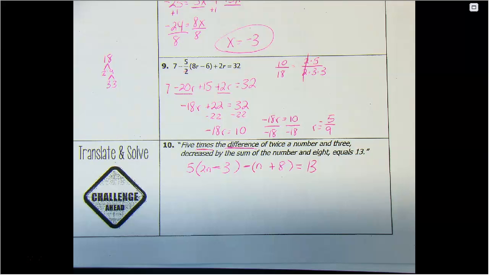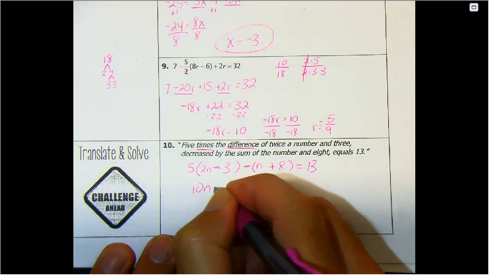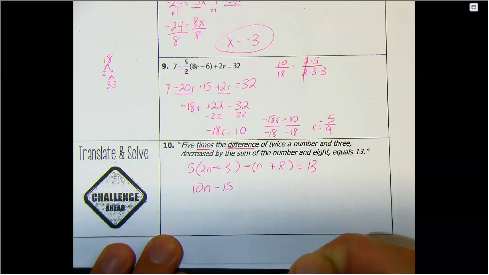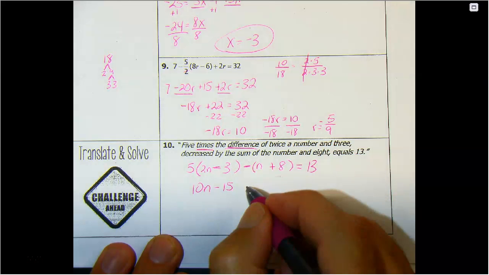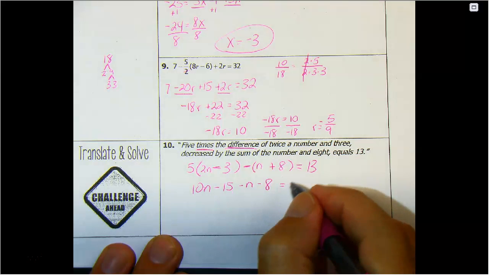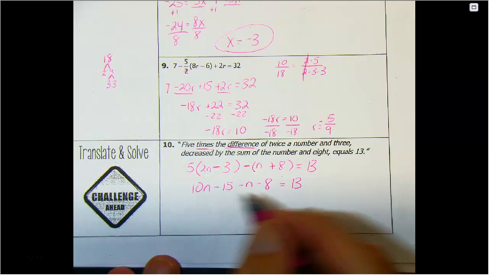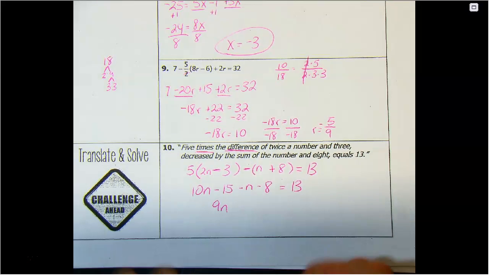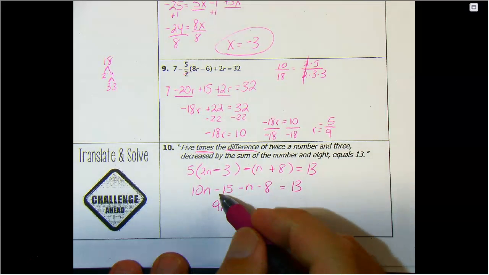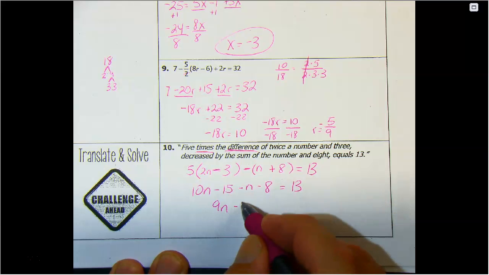And now it's just, again, that additional step. So 5 times 2 is going to give me a 10n minus 15. We have to distribute that negative sign again, so that's a -n and a -8. And then we have a 13 out there. So 10n minus n gives me a 9n. -15 and -8 give me a -23.